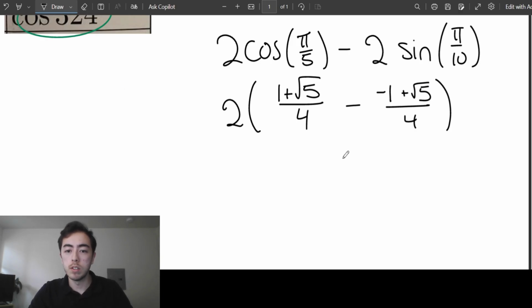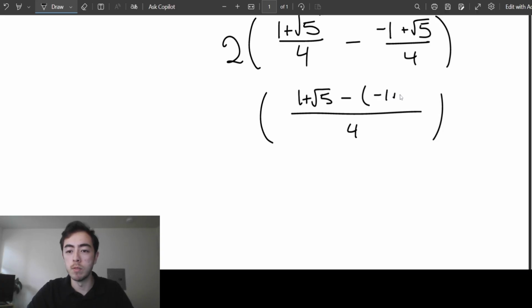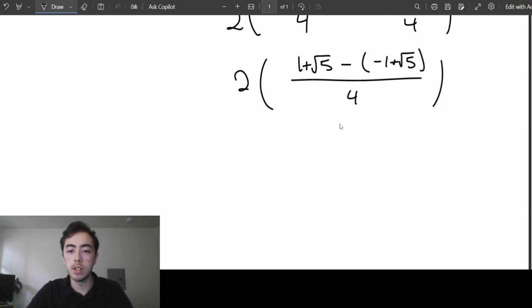Let's do the subtraction on the inside first. Since we have a common denominator, we can put everything in the same numerator: 1 plus root 5 minus, and then negative 1 plus root 5. It is important that this minus applies to both of these numbers. We still have a 2 on the outside. Maybe I'll combine the 2 and the 4, which just produces a 2 on the bottom.